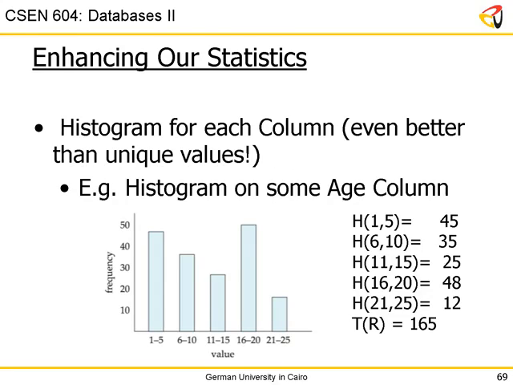Now, let me give you an extension about how database engines actually do things. Everything we've described is usually done, and even a little bit more. This is the a little bit more that you will see in advanced database engines. Advanced database engines don't just keep track of unique values, they actually build histograms on every column. This is an example histogram on a specific column called age.